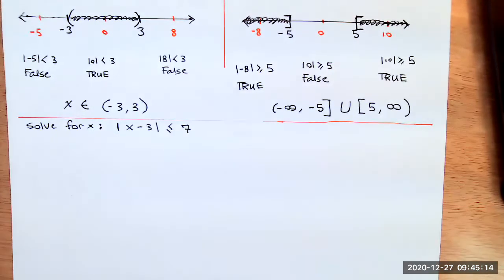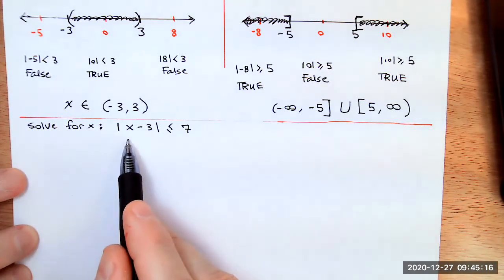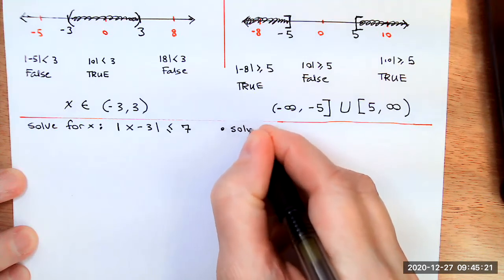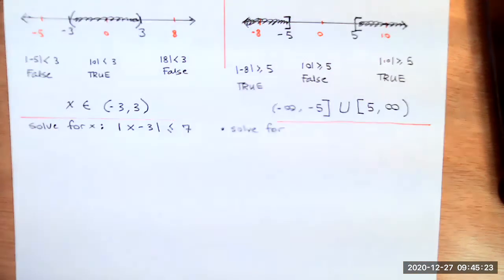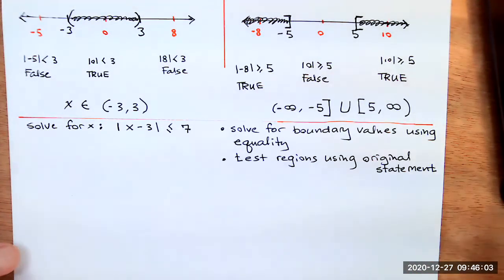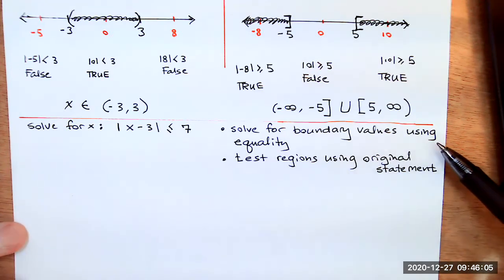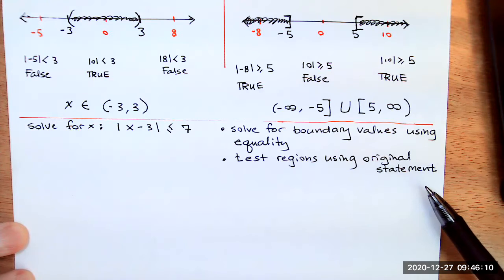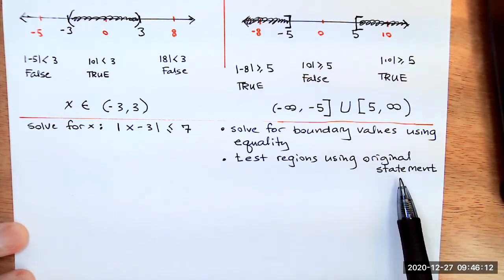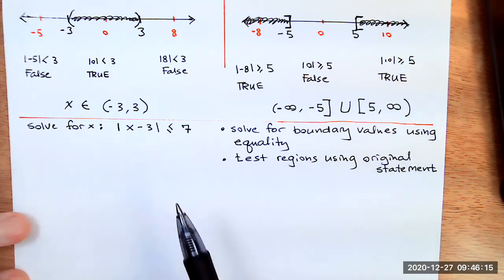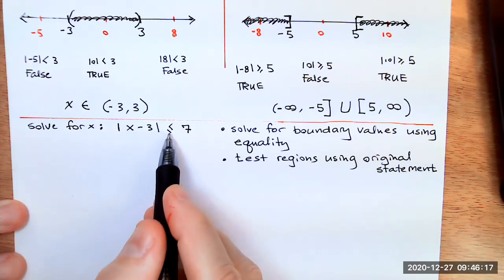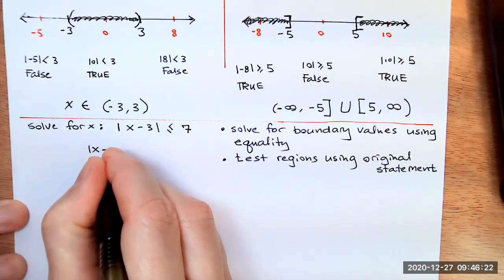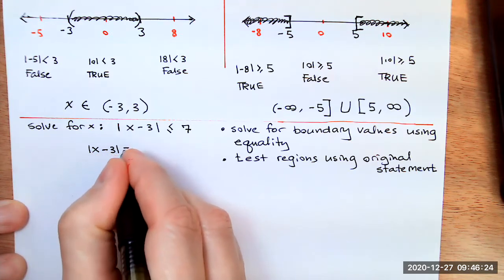All right, and another method is to just solve for the boundary values. Solve for the boundary values using equality, and then test your regions using the original statement. What does that look like? So replace this inequality with an equality, and that's just a temporary helper.